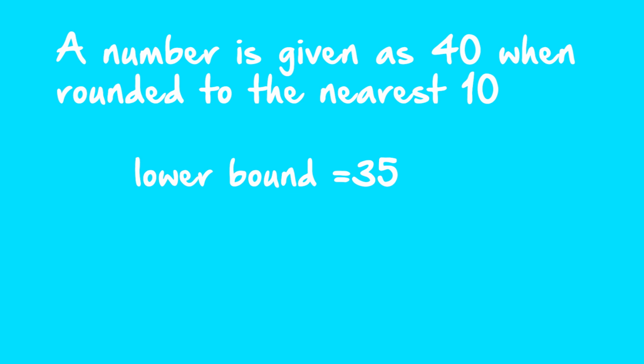So 35 is the lower bound, and then the upper bound would be 45, because 45 or bigger, and we would round that up to 50. So 45 shows you where that boundary is, but it can't actually be 45 because we would round 45 up to 50.